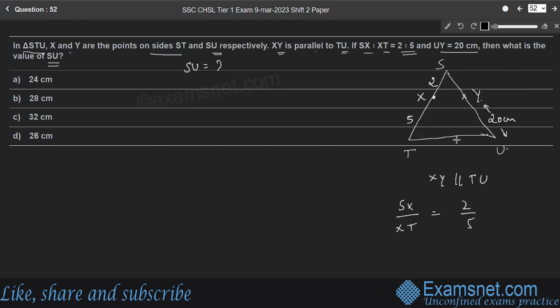What is SU? Consider the line XY, which is parallel to TU.